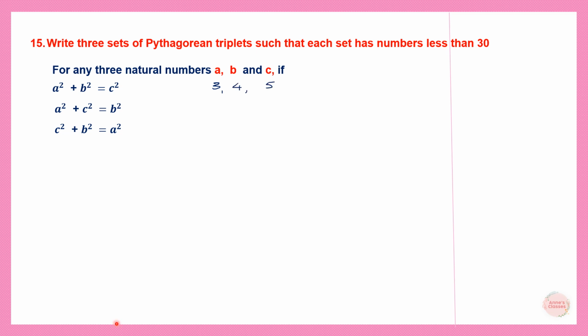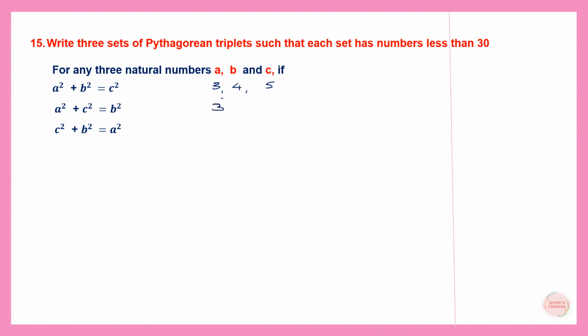If this condition is satisfied, then we can say that 3, 4 and 5 form a set of Pythagorean triplets, three numbers. Now here we take the biggest number and keep it aside. Then we take the squares of the smaller numbers, 3 and 4.